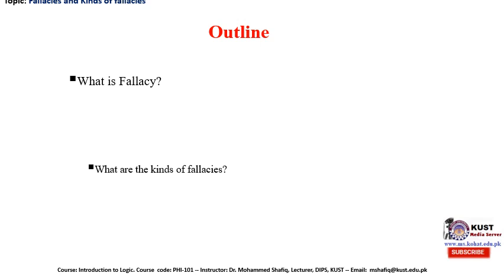One would question why someone would commit it intentionally. Just because people always try to deceive other people, and they play with the words and they use these kinds of fallacies to deceive others. So this kind of fallacy which is intentionally committed is called sophism.